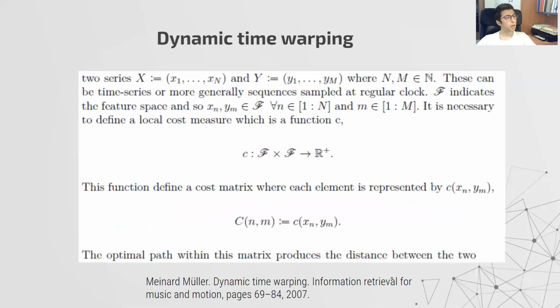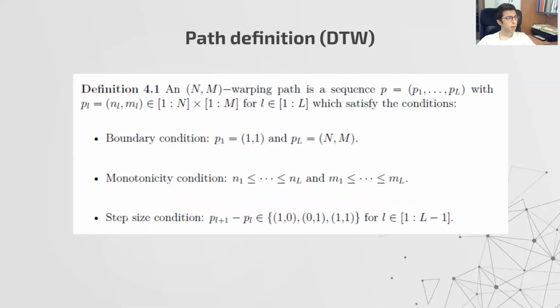But in general, we can associate to each combination of a point of time series x and a point of time series y a different cost that can create the warping path. What is the warping path?